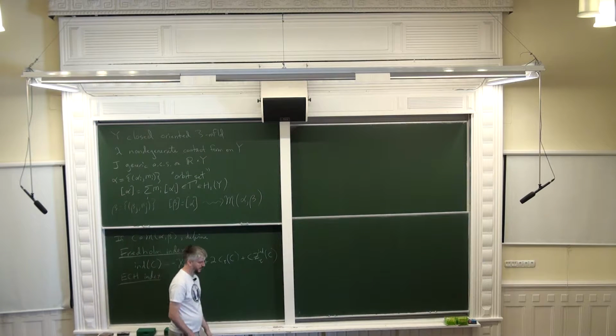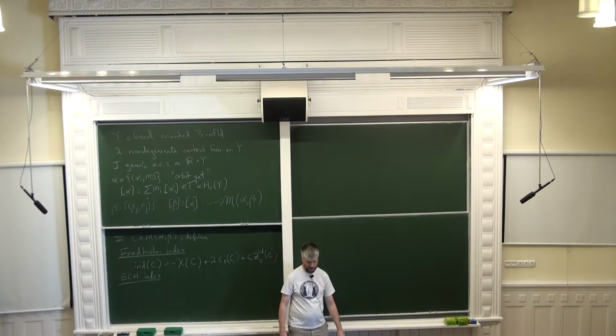The point of the Fredholm index is that this is the expected dimension of the moduli space of holomorphic curves near C, and it will be the actual dimension if J is generic and C is somewhere injective.